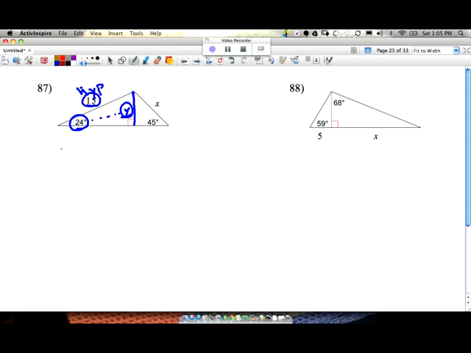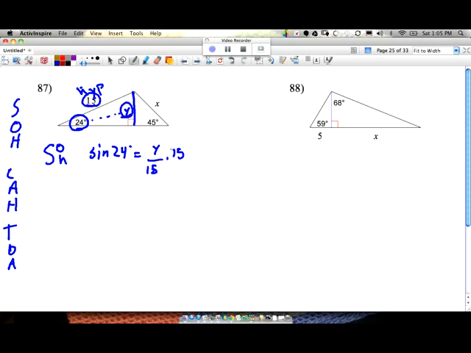SOHCAHTOA. Remember, I'm getting all this from the SOHCAHTOA relationship. Okay, so sine 24 degrees is opposite, which is y, over hypotenuse, which is 15. So I'm going to multiply both sides by 15.